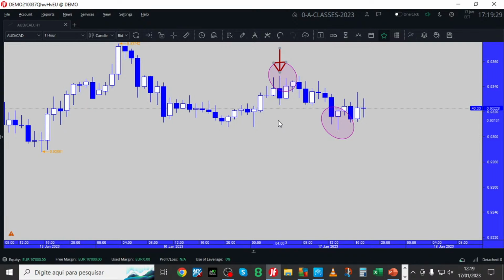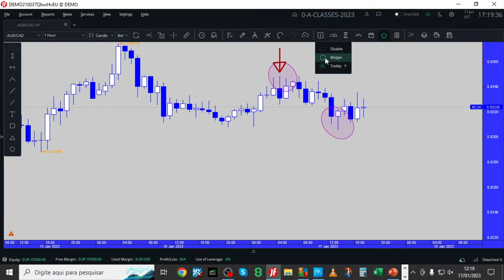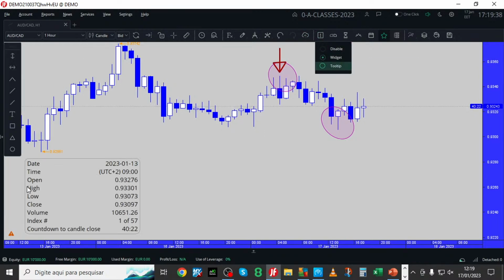And again, if you have doubts, everybody, use the widget. Okay, you have here high and low on the left, and when you scroll the mouse over the candles, you are going to see the high and the low and the volume and everything change, right?